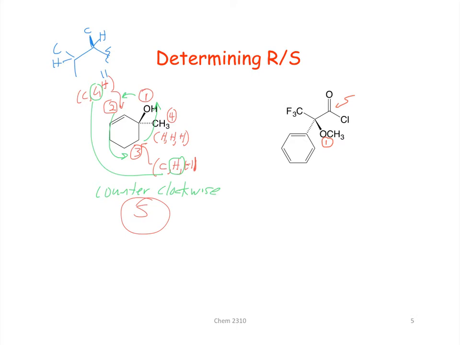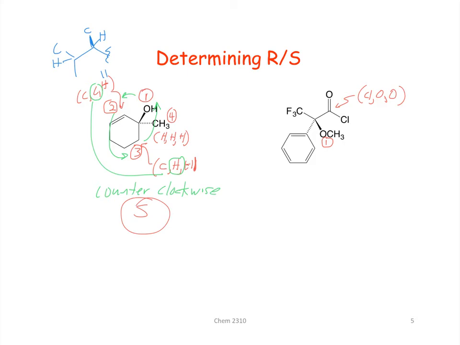This position has a double bond to oxygen, so we're going to treat it like it's bonded to 2 oxygens. What comes first though, chlorine or oxygen? We put the higher atomic number first. So chlorine, oxygen, oxygen.